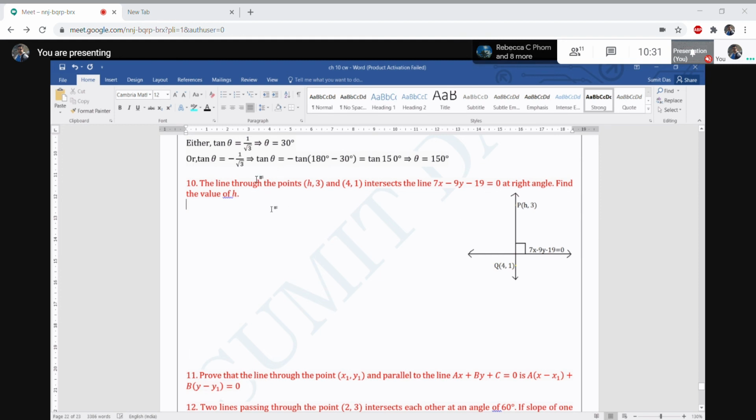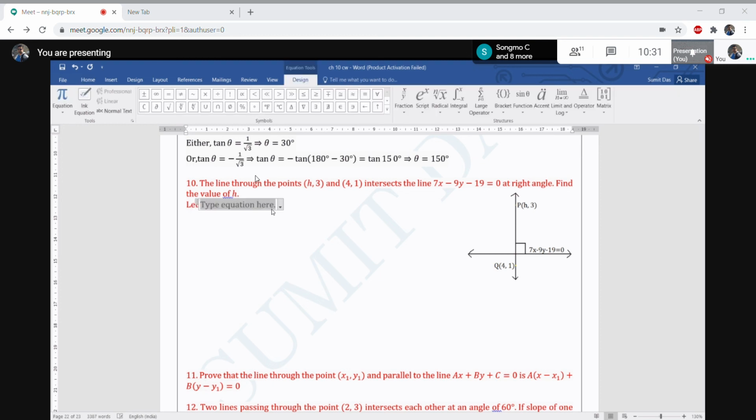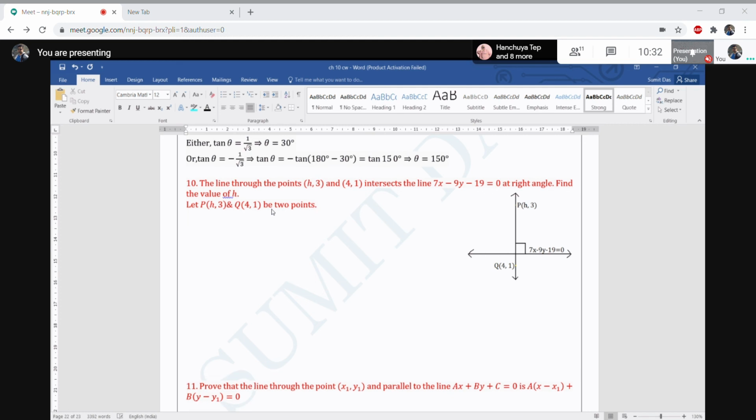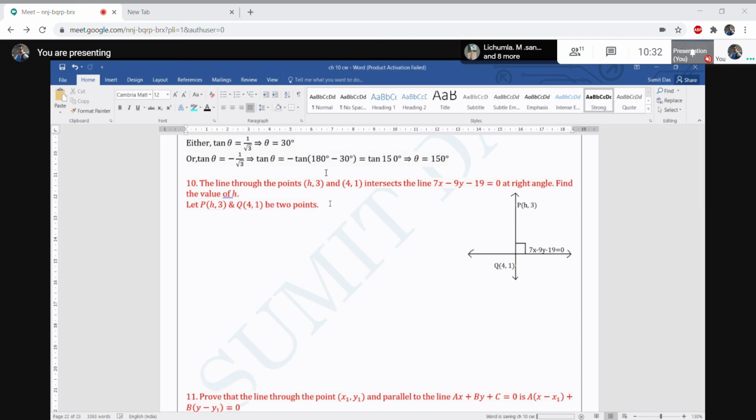So let P (h, 3) and Q (4, 1) be two points.